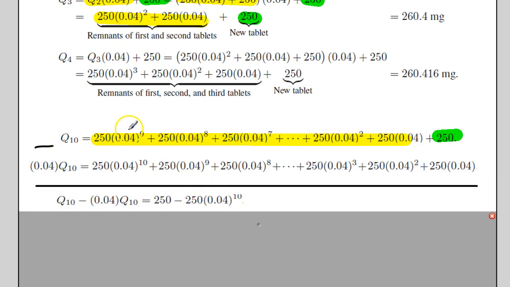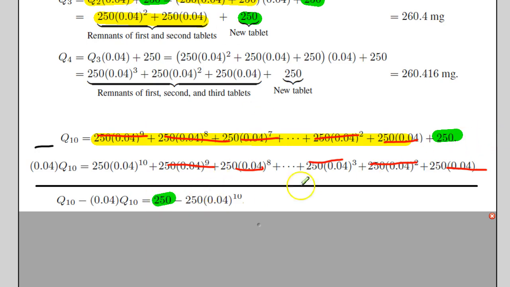Then what happens is we have some cancellations going on: this minus this, this minus this, and vice versa, and we end up with just 250 minus 250 times 0.04.